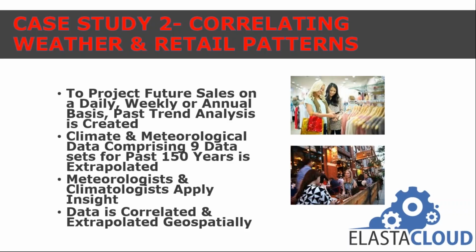This is a fascinating subject because most of us realise that the British weather, European weather, is rather chaotic. However, by working with climatologists and meteorologists on these 9 different sets of data, we can actually give far closer, better predictions on weather than the Met Office.